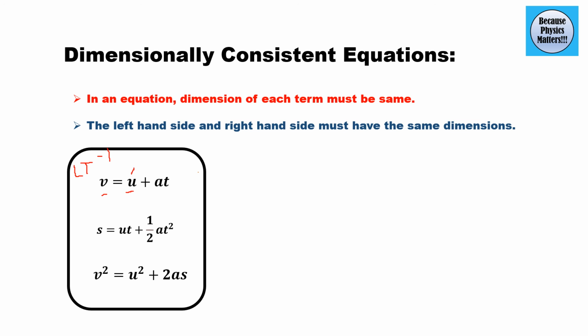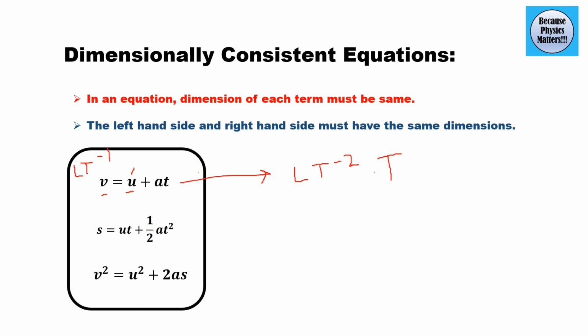Similarly, the first term of this is also LT minus 1. But in the second term we have acceleration multiplied by time. We have seen that the acceleration dimension is LT minus 2, and if you multiply this with time, which is T, your answer will be again LT minus 1.